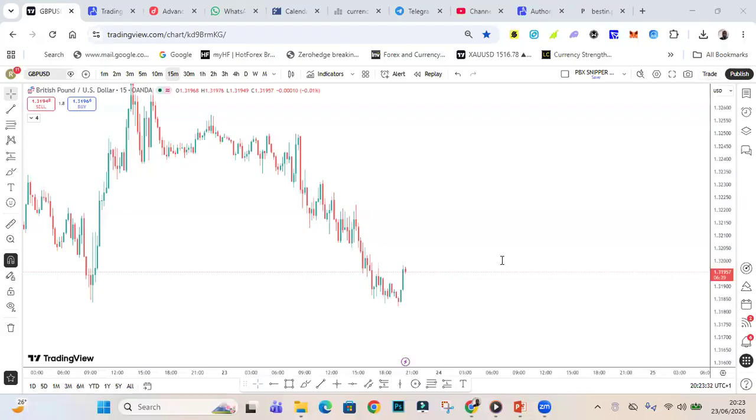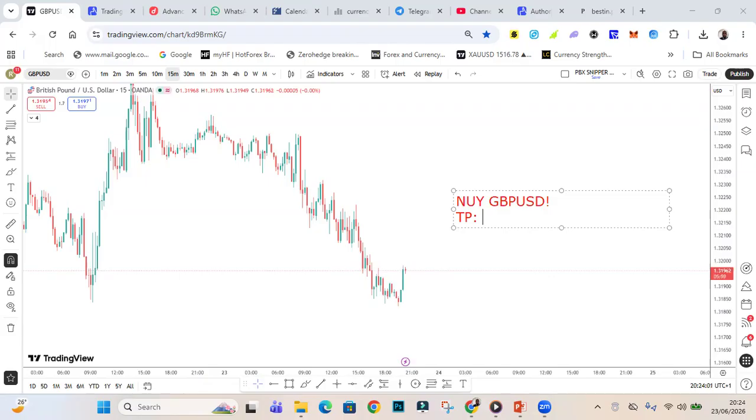We are buying at the current market price. So now I'm saying buy GBP USD. This is a buy.